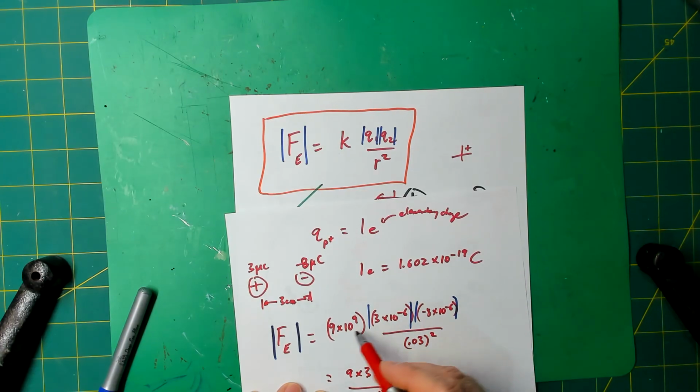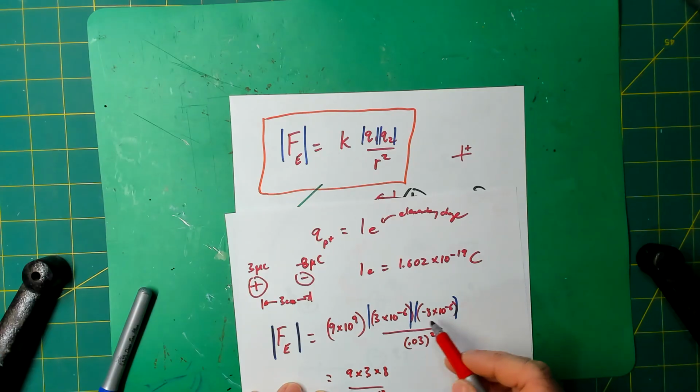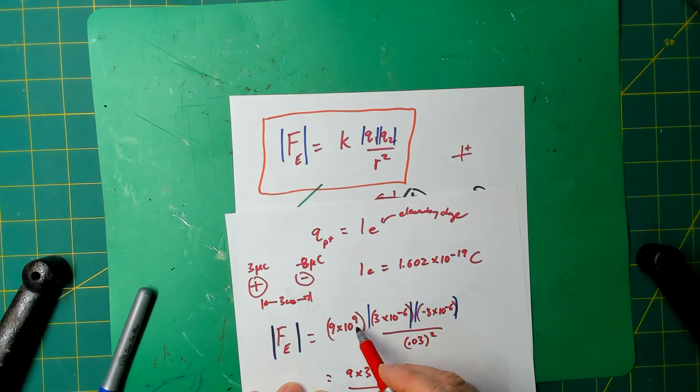But the powers of 10, those exponents, I'll just do separately: 10 to the 9 times 10 to the minus 6 times 10 to the minus 6. I can just do that in my head. You just add the exponents: 9 and negative 6 and negative 6 gives times 10 to the minus 3.